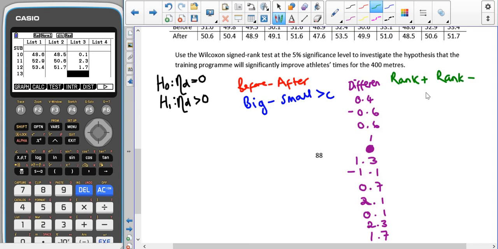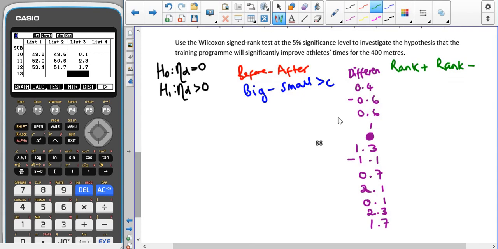And again, similar to how we did with the single sample, we are going to be ranking them from their size from 0, ignoring what sign they have. So the closest number I have to 0 is 0.1. So that gets the rank of 1 in the plus column. My next smallest value is 0.4, so that's going to get the rank of 2, again in the plus column.